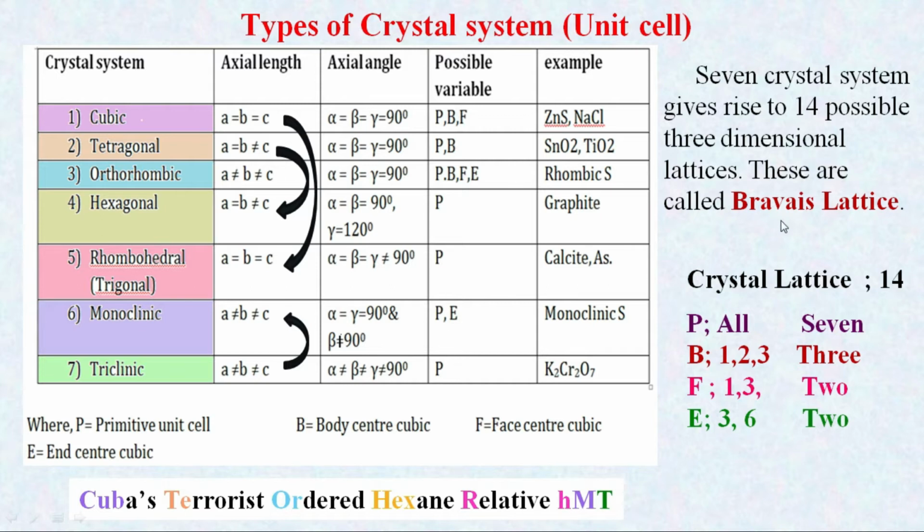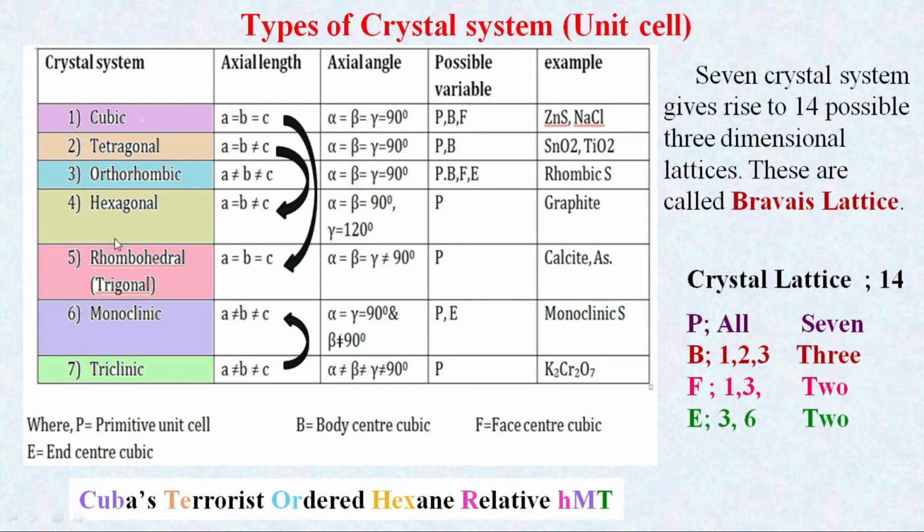So Bravais is a scientist who consolidated the number of unit cells into 7 systems, and under the 7 systems he suggested that 14 lattice structures are possible. For his work and his dedication, these 14 lattices are called Bravais lattices. So let us learn these 7 systems.